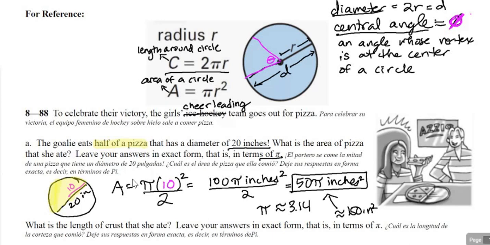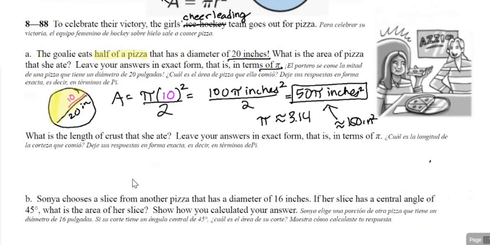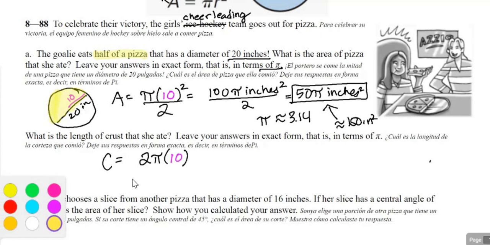Okay, well, next problem. What is the length of the crust that she ate? For this one, we're going to need circumference. The circumference of the circle is 2 pi times the radius, which was 10. But I want the part that she ate, and again, she only ate half the pizza.